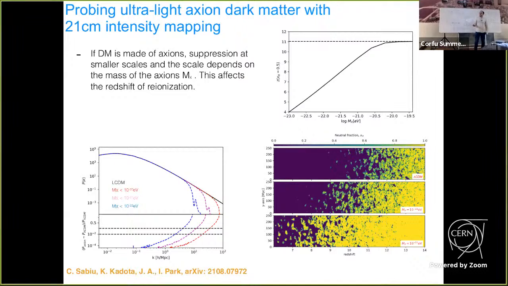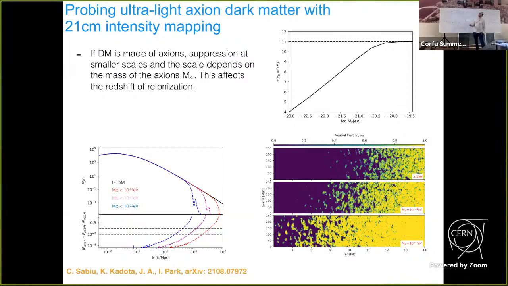So what we created were simulations, in this case at redshift from 6 to 14, of 21 centimeter intensity mapping. Depending on your ultralight axion mass, you change basically the amount of neutral hydrogen that is reionized.